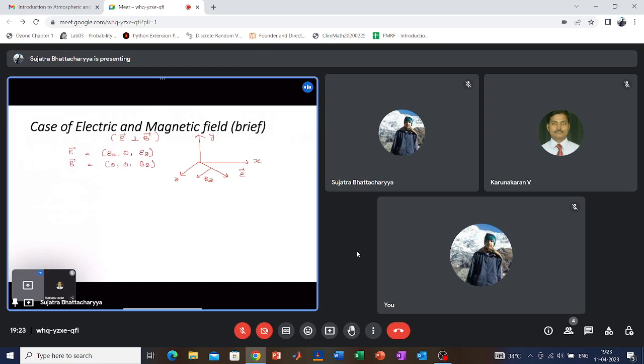But in this case, what we have to write is m dv/dt, the entire thing, equal to q into (E plus V cross B). In the earlier cases, when we took each separately, in case of the electric field we did not consider the V cross B part, and in case of the magnetic field we did not consider the E part. But here we have to consider both.